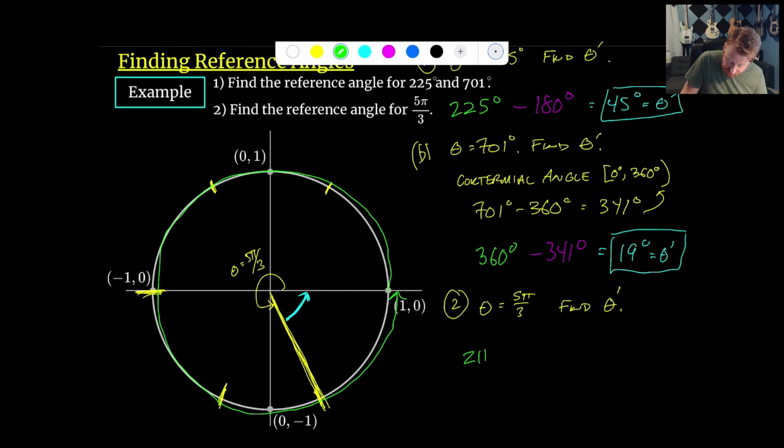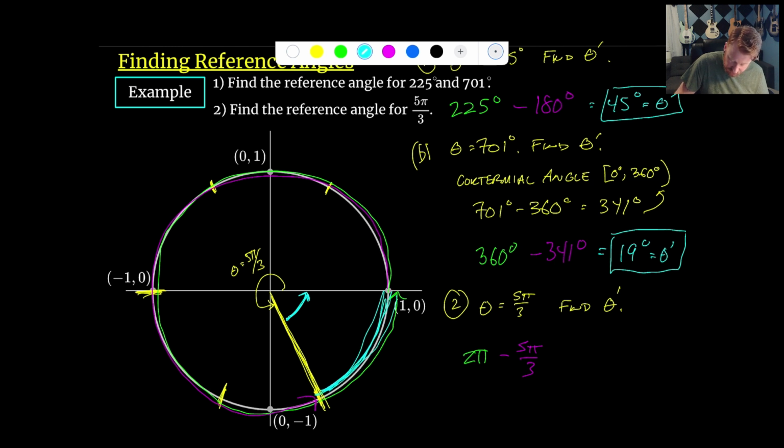So that was a distance of 2 pi that I just traveled there. And I want to subtract off the distance that I just traveled, which was 5 pi over 3. And this should give us what is left over here.